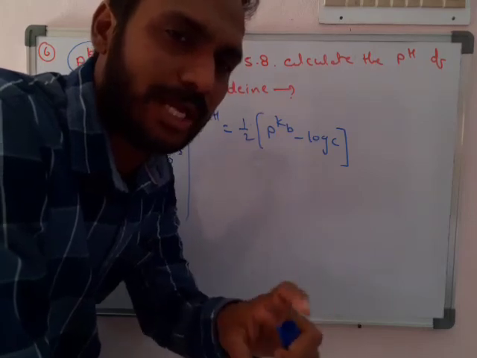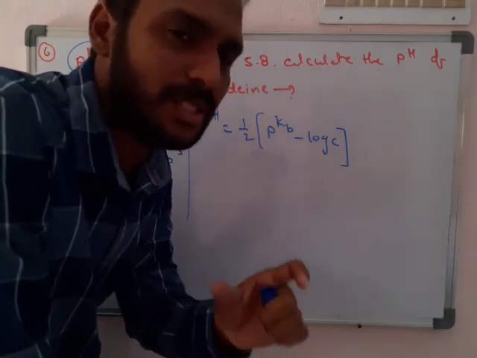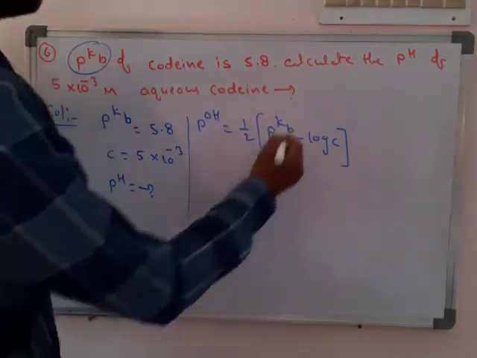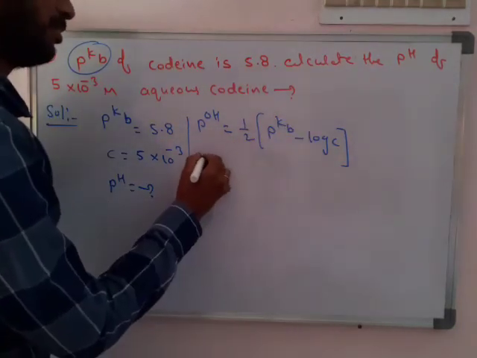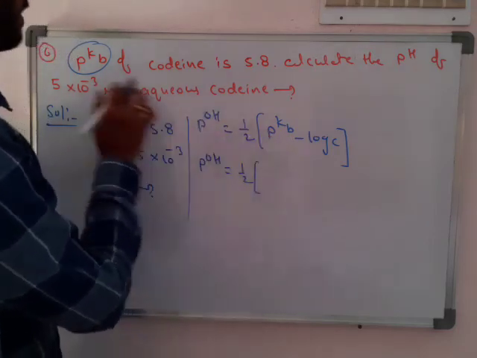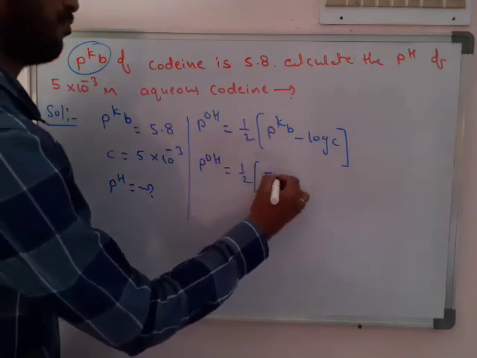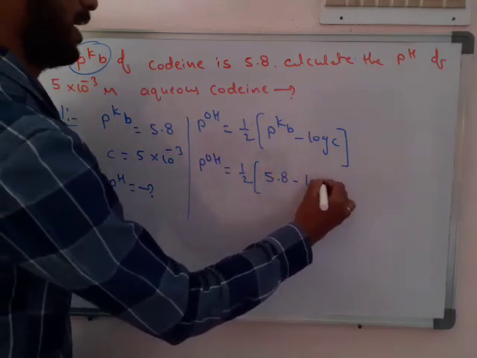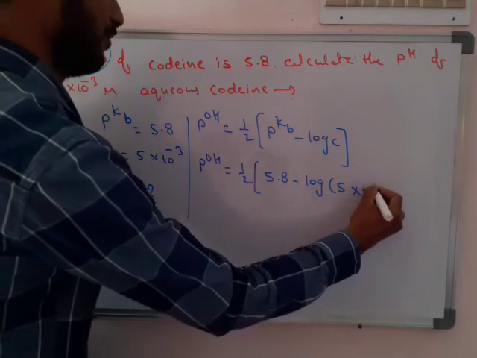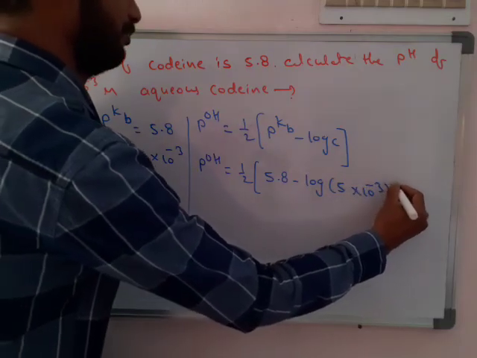So if we convert that into logarithm and finally substitute, we will get this value. Okay, so pKb is already given, so since the pKb value is directly given, it becomes very simple for us. pKb is given as 5.8 minus logarithm of concentration 5 into 10 power minus 3.